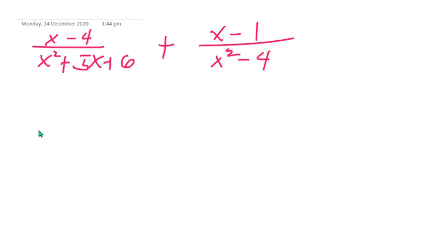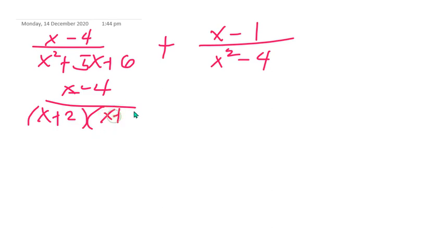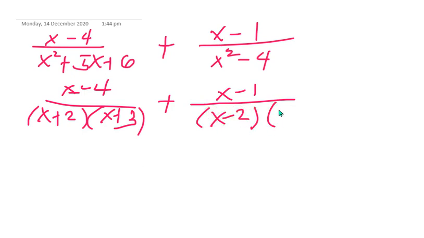Okay? So, we are going to factor in order for us to get the LCD. Okay, copy. So, the factor of this is x plus 2 times x plus 3. Because 3 times 2 is 6, 3 plus 2 is 5. Then x minus 1 over, and the factor is x minus 2 because this is difference of two squares.